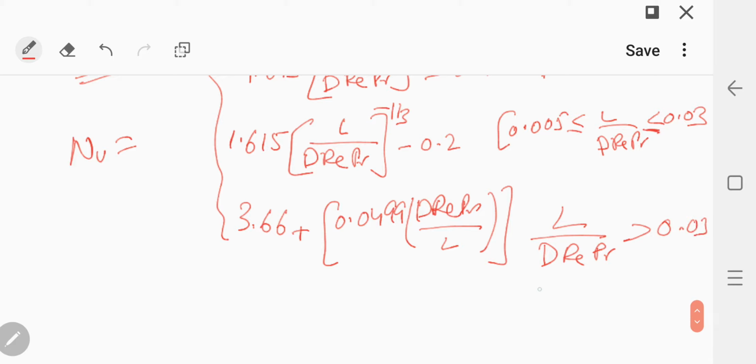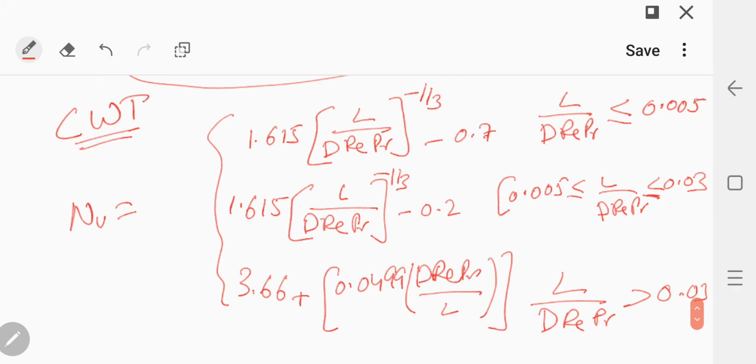So depending upon the Graetz number, he proposed three different correlations for prediction of Nusselt number under constant wall temperature conditions.